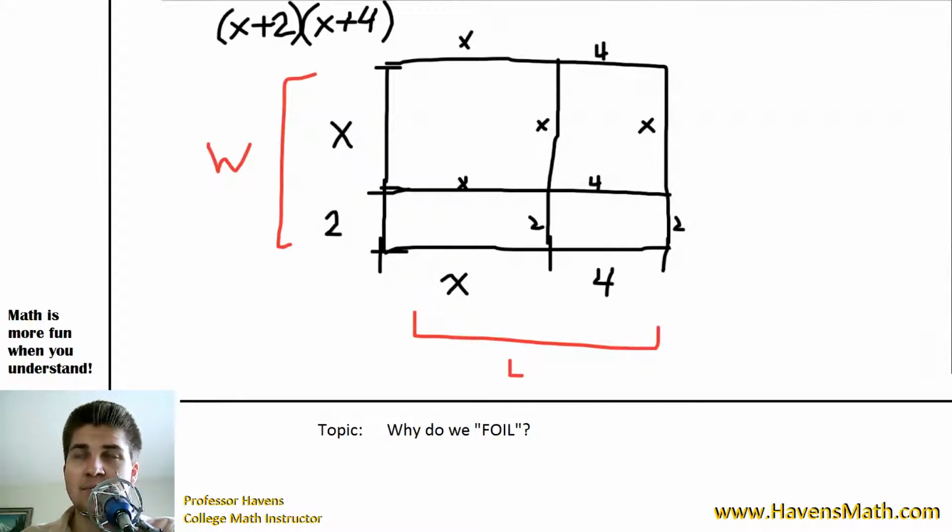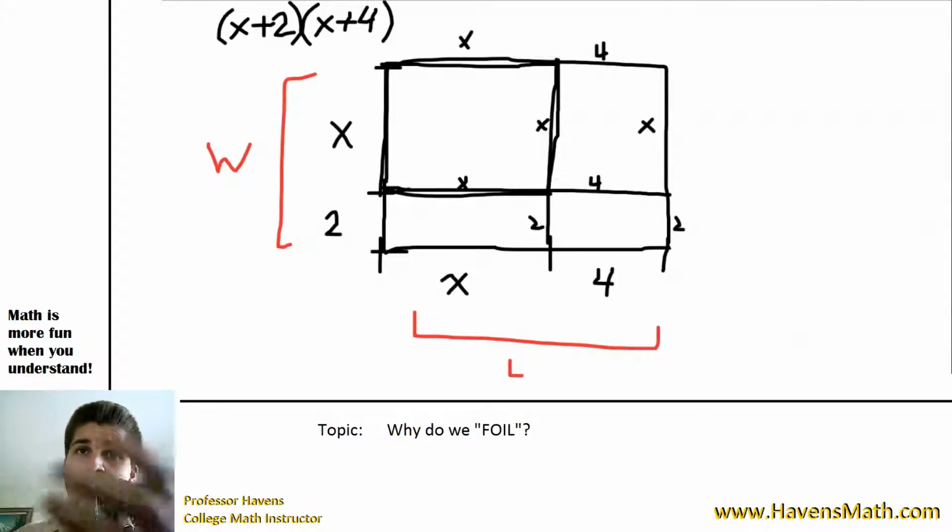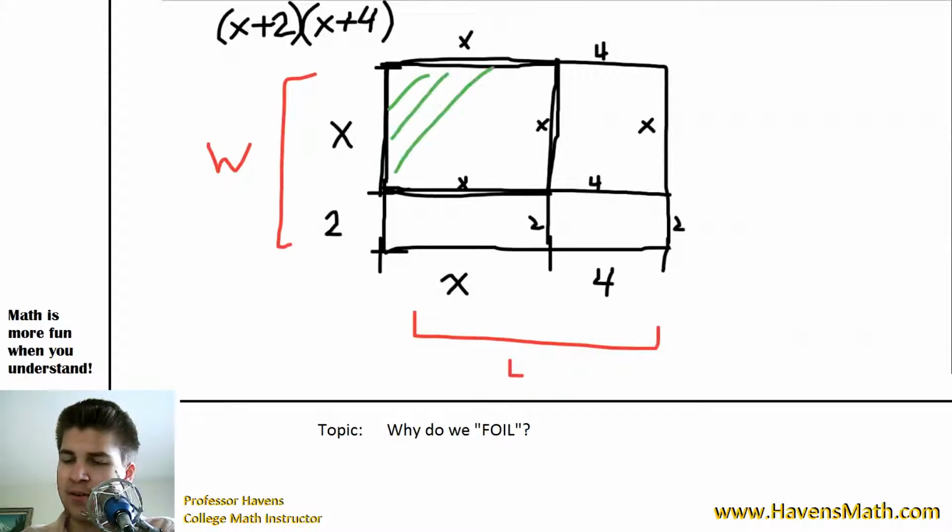If we look at x by x, this portion that comes through, x by x would be a square. And so the area of that should be x times x, or x squared. And that's why we call it x squared, because x times x you could visualize as a square. But anyways, the area of this little portion in green will be equal to x squared.